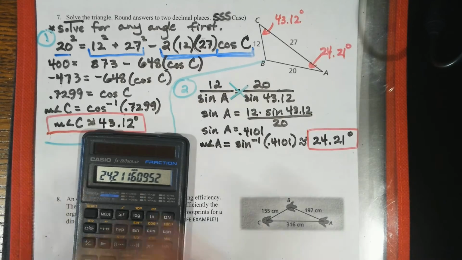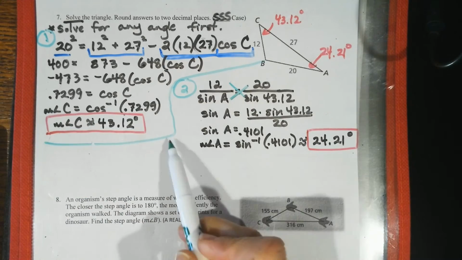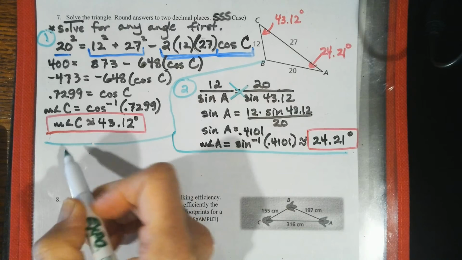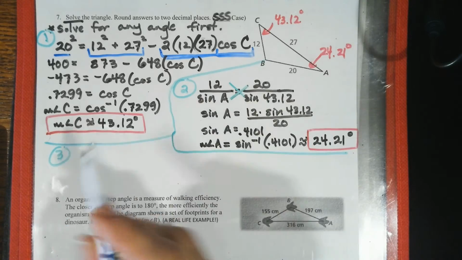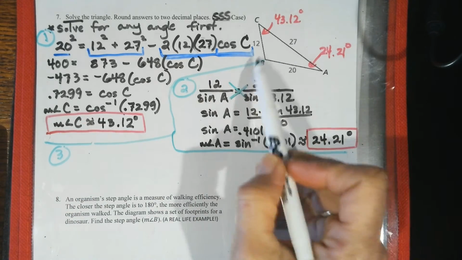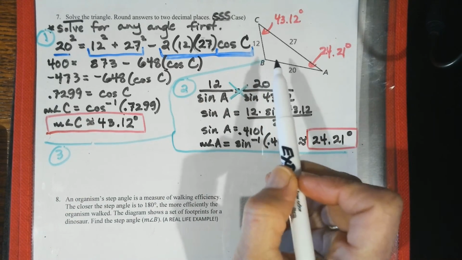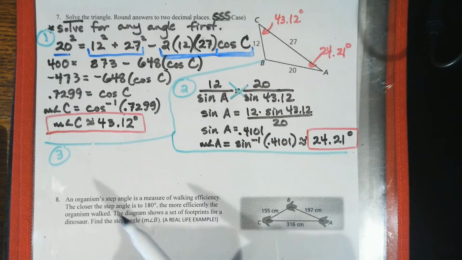Finally, we're going to use the triangle sum theorem to simply figure out angle B. I'm looking at it, it looks obtuse, so I'm going to expect that I'm going to get more than 90 here.